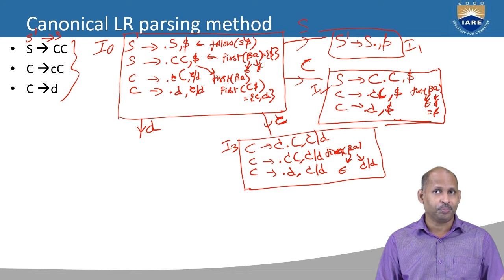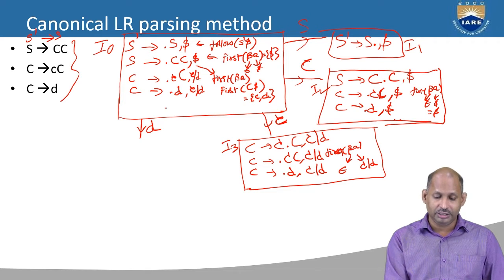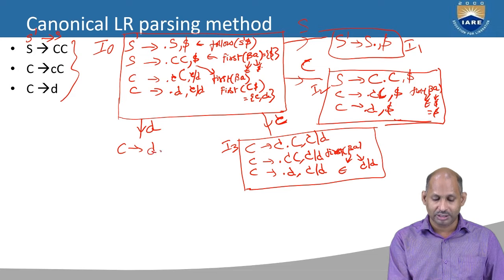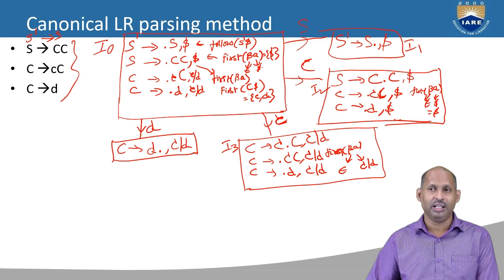We go to operation on D. So dot D becomes D dot, followed by terminal C and D. Is it clear?